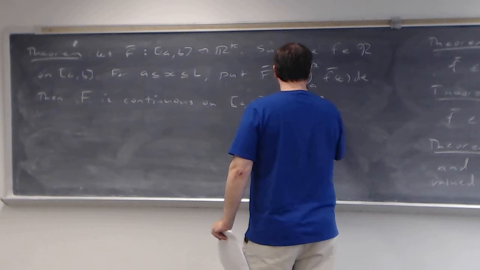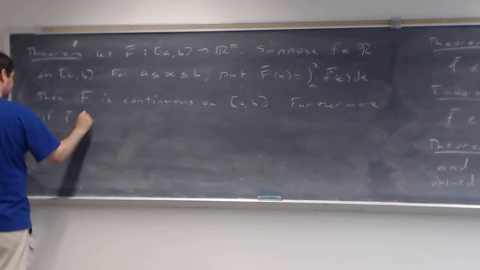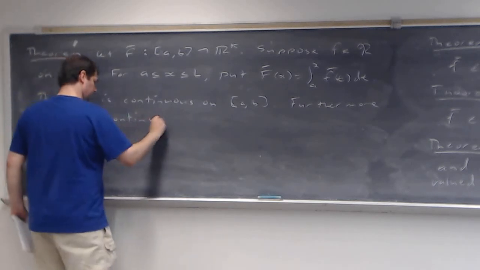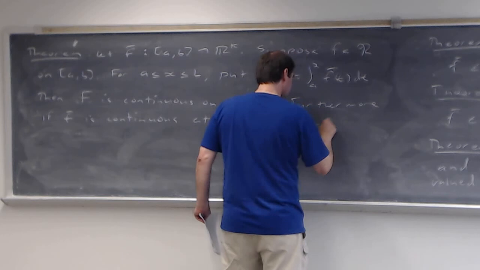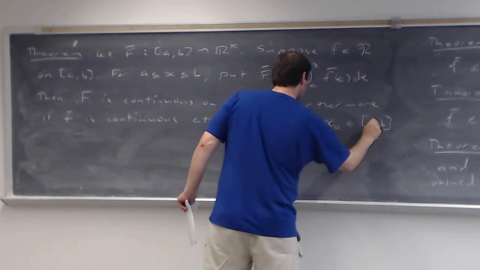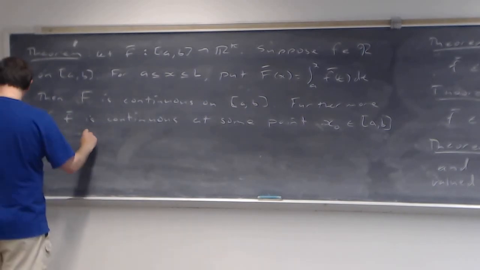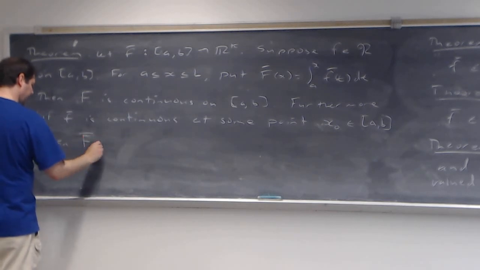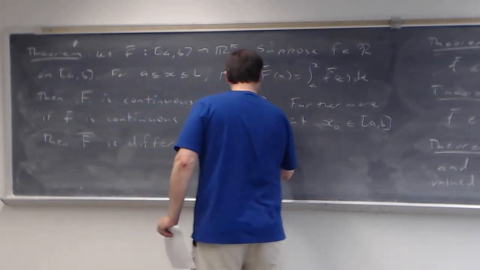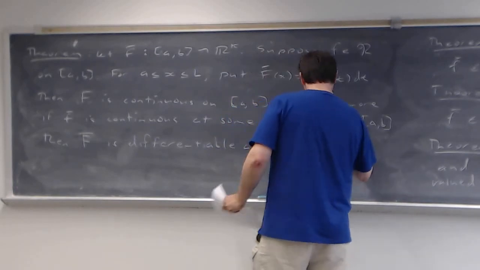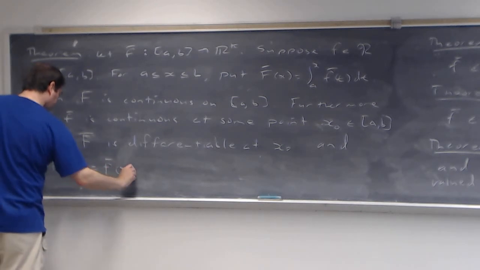Okay. Furthermore, if little f bar is continuous at some point x naught, an element of A to B, then big F bar is differentiable at x naught, and big F bar prime at x naught is equal to little f bar evaluated at x naught.